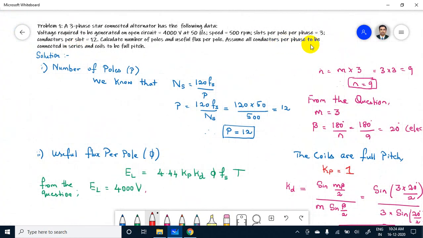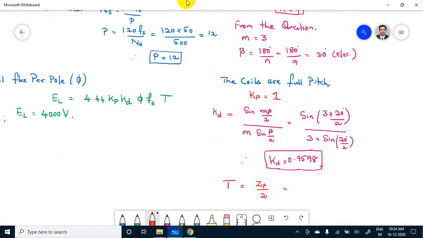Here you see all the conductors per phase are connected in series. So Zp equal to 3 into number of conductors per slot. From your question it is 12.